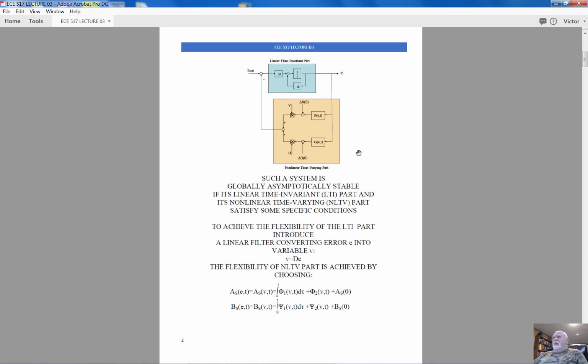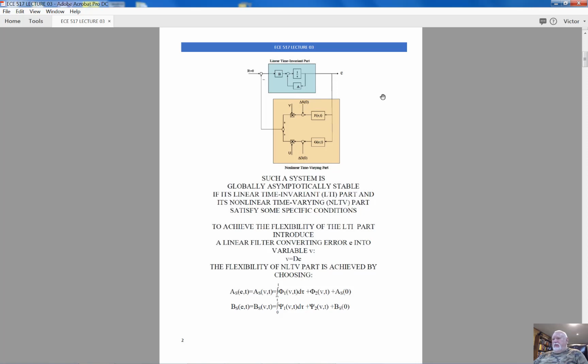Now, what do we want to happen? We want this system to be globally asymptotically stable, which means that for any initial value of this error, as time approaches infinity, this error is supposed to approach zero.